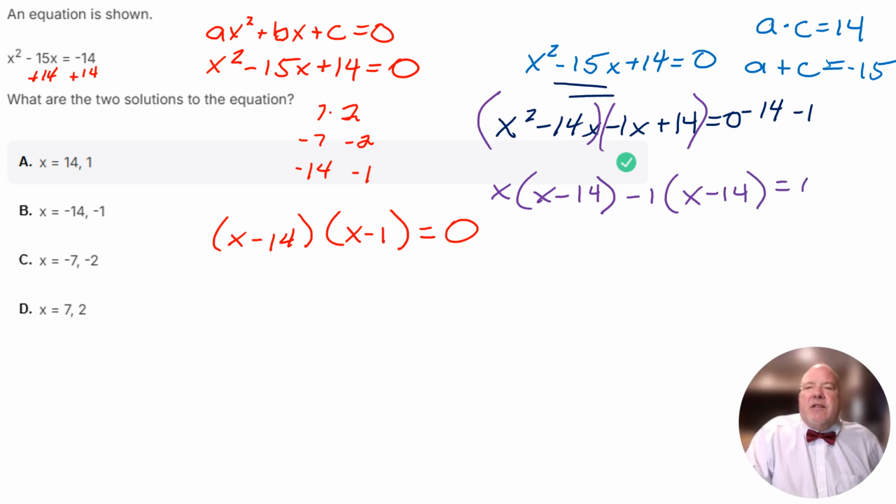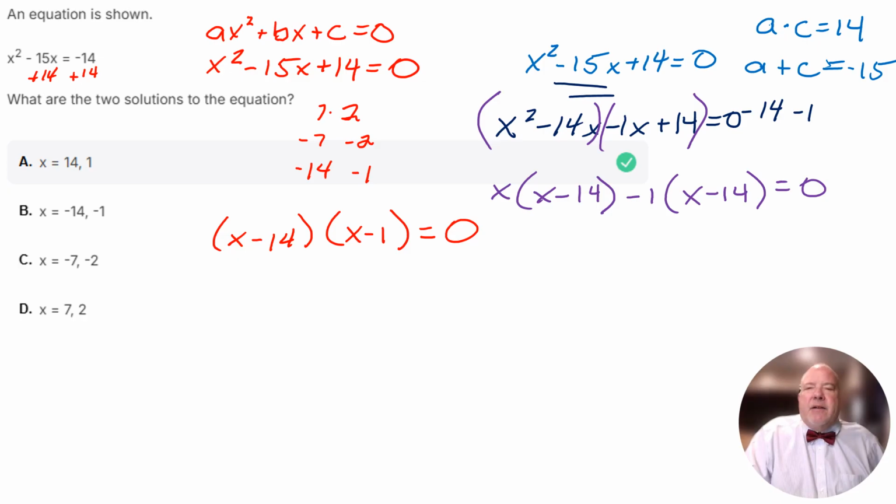Now you can see the two groups match each other: x minus 14 and x minus 14. When you do this grouping method, you want that to happen. Sometimes you have to factor out a negative number in order to change the signs so that they match up. Now if I look at this expression, I have an x minus 14 that's common to both of these, so I can factor that out.